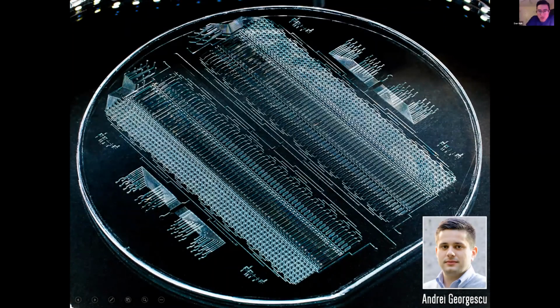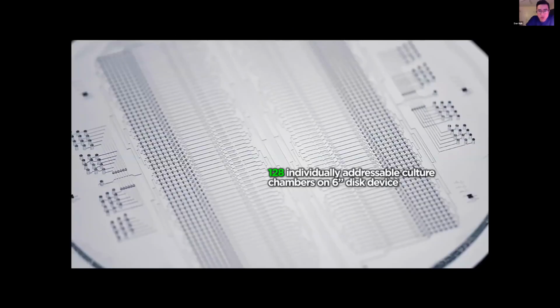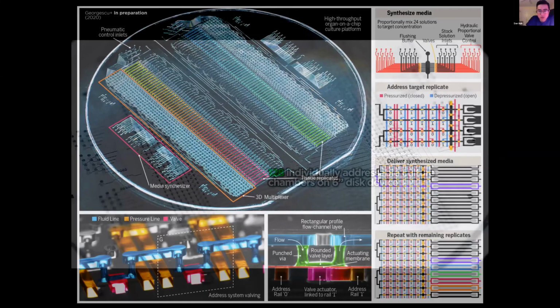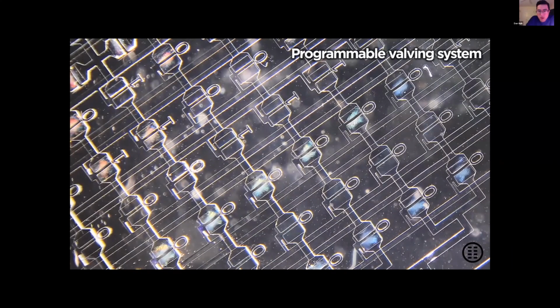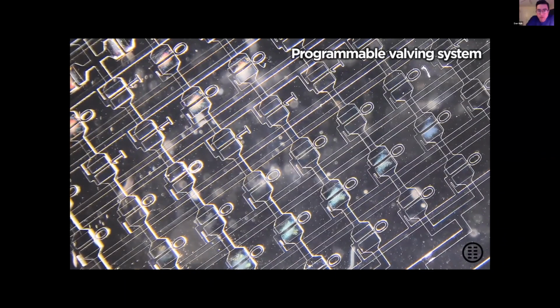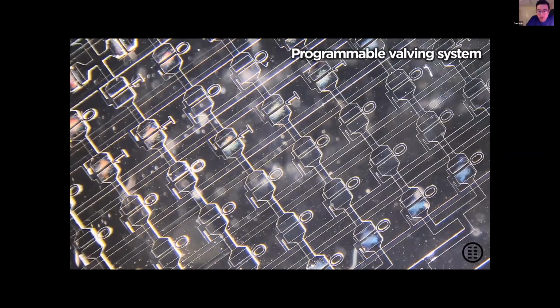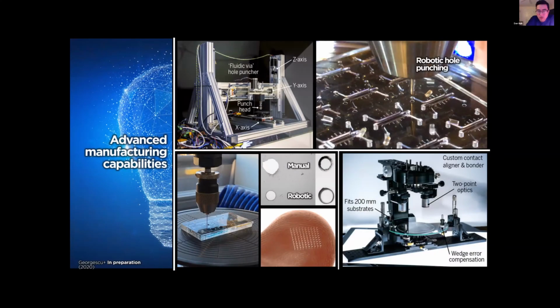It's a 6-inch wafer-sized device containing 128 individually addressable fluidic chambers controlled by very sophisticated pneumatic circuits. We use pneumatic pressure-driven valves to pump and valve fluid flows in this very complex fluidic network. We've also spent a lot of time and effort to automate the manufacturing process.